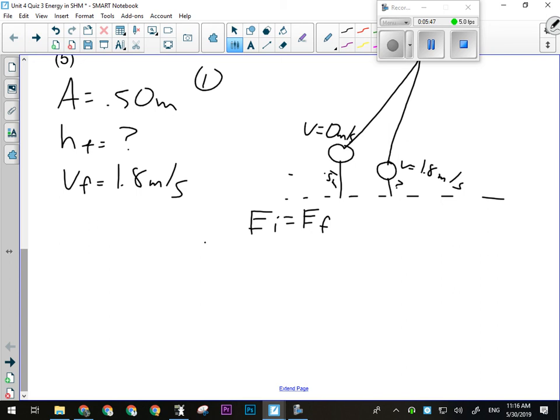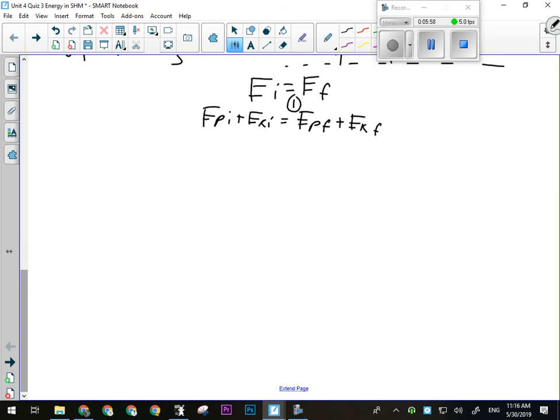So we're looking at EP initial plus EK initial equals EP final plus EK final. So 1 mark there. We don't have any initial kinetic energy because we're at the maximum amplitude. What we're looking for is part of this, so we're going to bring EK final over.